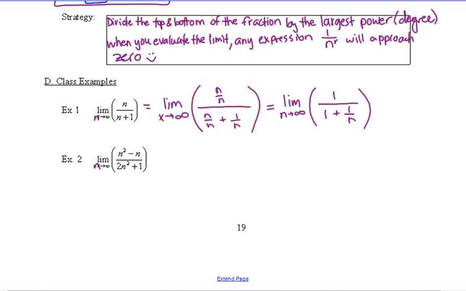So when we evaluate this, which part of this fraction will approach 0 as n approaches infinity? The 1 over n. 1 over infinity is going to approach 0. So our fraction is going to become 1 divided by 1 plus 0, or 1. So this sequence will approach 1.